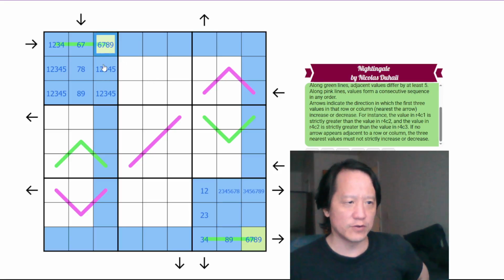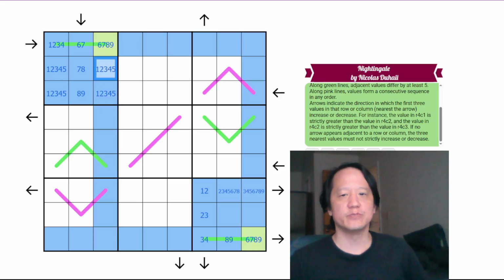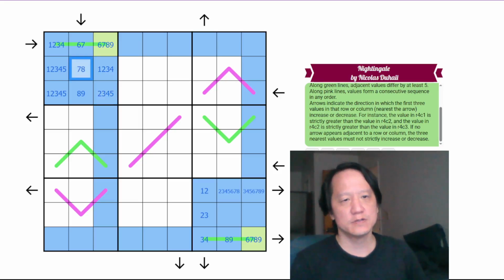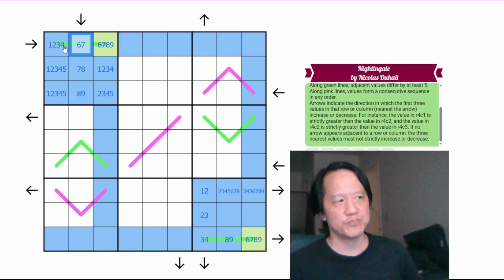So this is definitely greater than this in value. Therefore, this must not be greater than this in value. So this has to be less than this one. We cannot have a 5. Well, we could have a 5 here if it goes down and then goes back up. But this digit is 6 or 7.